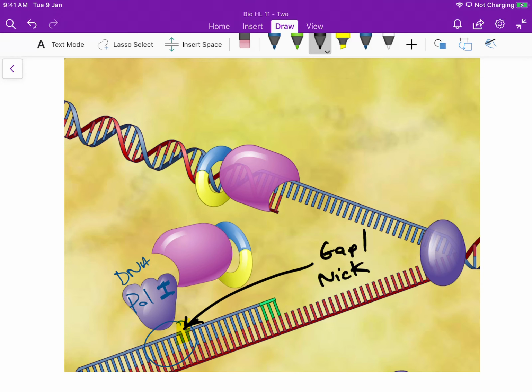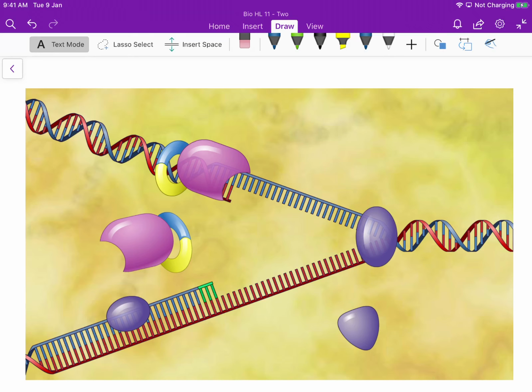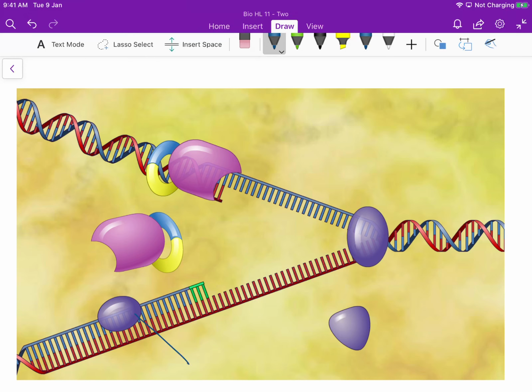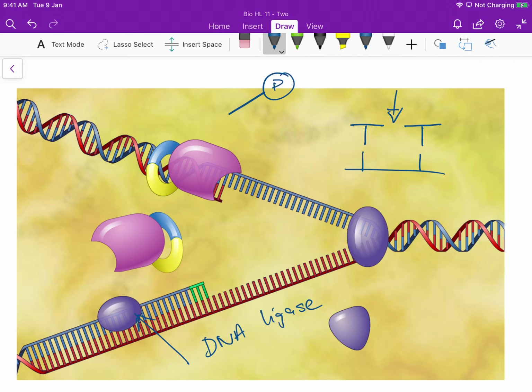So here we have our final enzyme that's going to come in, DNA ligase. DNA ligase is going to come in, and if we're imagining this train track, on one side there was a gap in the train track, and that gap is really in the sugar phosphate backbone.